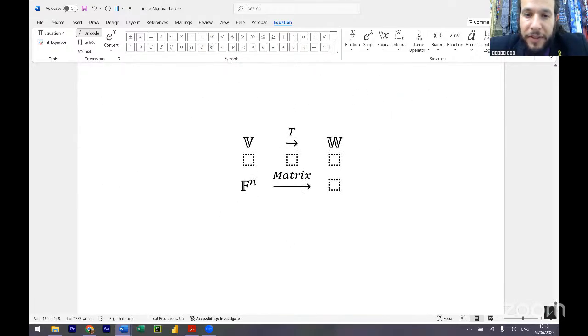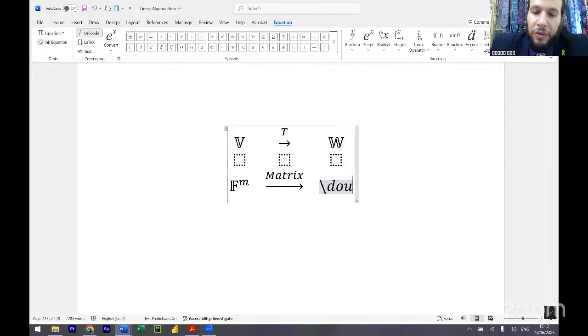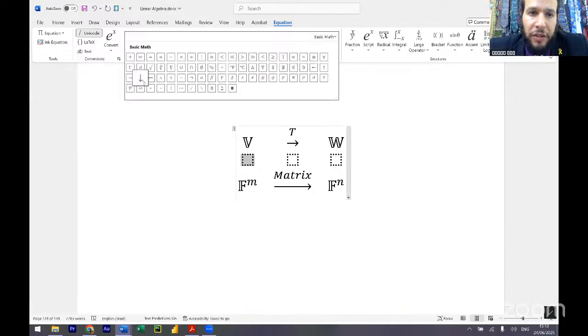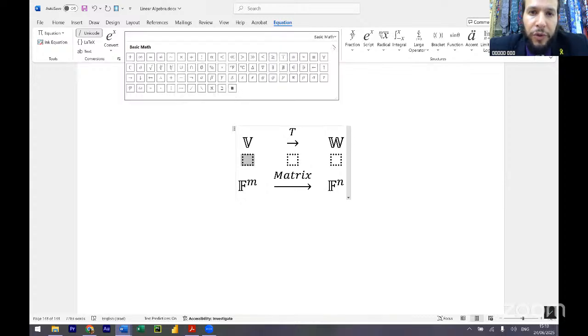Instead of vectors, take a column. And maybe M is the better word. The letter here doesn't matter. To Fn. And what would be the transformation here? To be honest, it's a two-way transformation. And let's go to arrows.